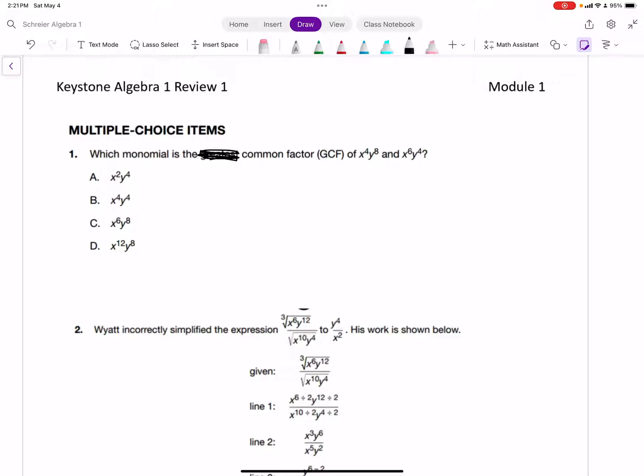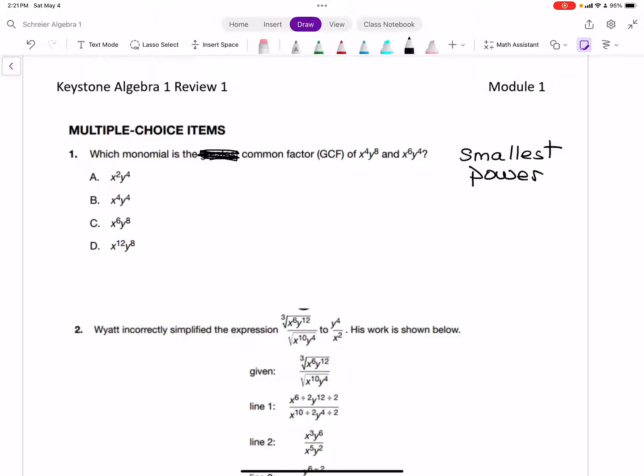We want the greatest common factor, yes. But basically, when we're dealing with variables, the greatest common factor is the smallest power on the variable. So it is the smallest power, not the largest power, which will get you to the wrong answer very quickly in a question that's very easy.